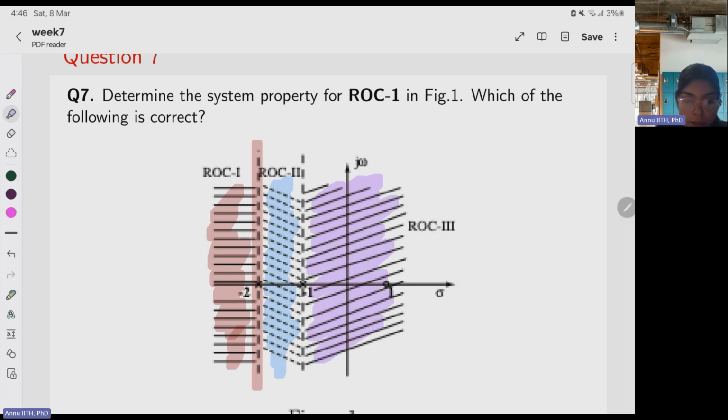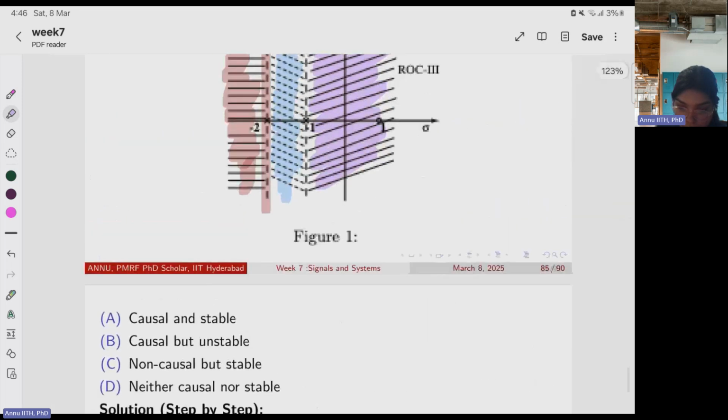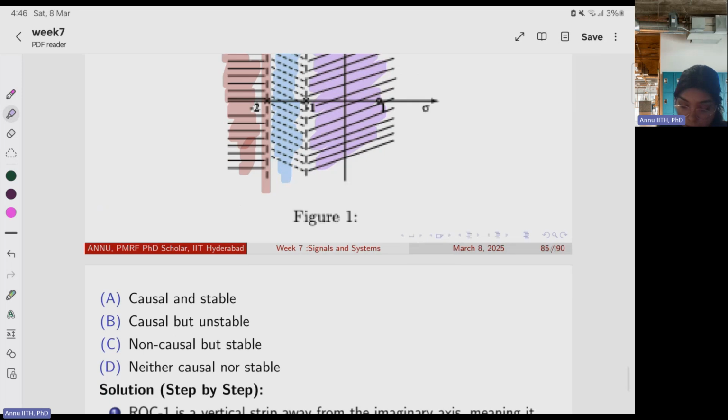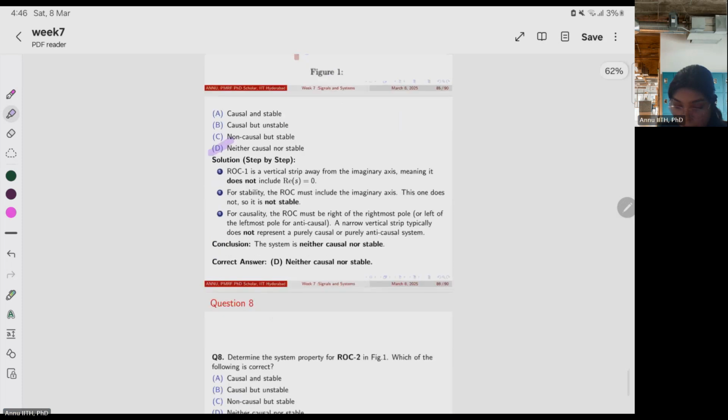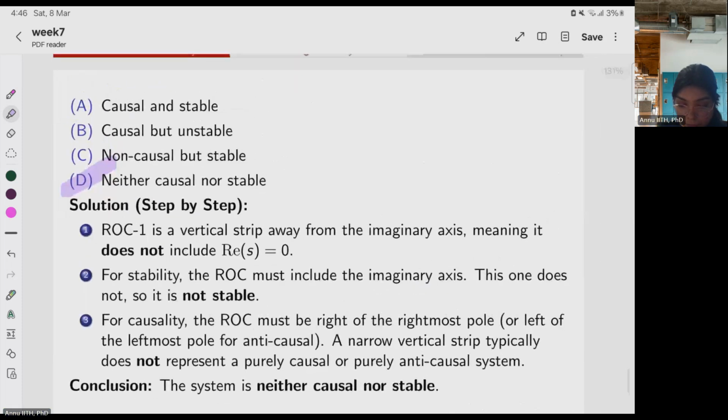For ROC1, since it is not involving j omega, it is unstable. And since it is on the left side, it is non-causal. So neither causal nor stable. The answer should be D. Let me see the solution. Neither causal, non-stable. Correct.